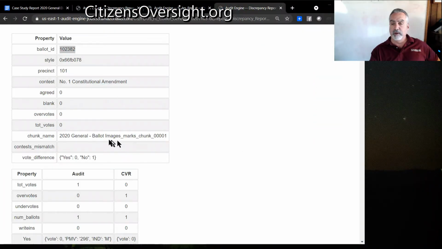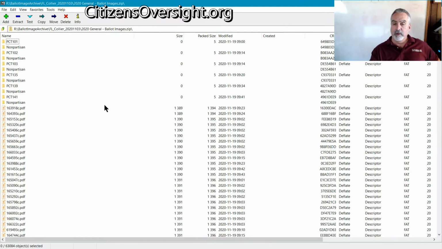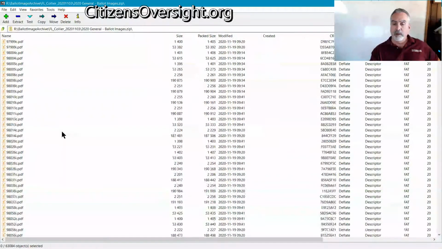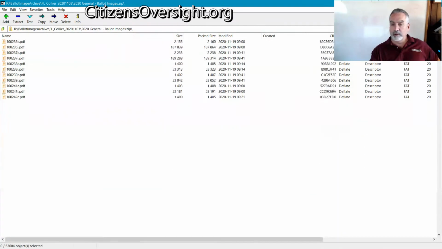I guess it's 2020 ballot images, so it's in this first archive that doesn't have any extension on it. And I'm opening that here, and I'm going to look for it. I forgot already. 102382. Okay, so we sort on the name, and then you got to go down on this thing because it doesn't have a search.